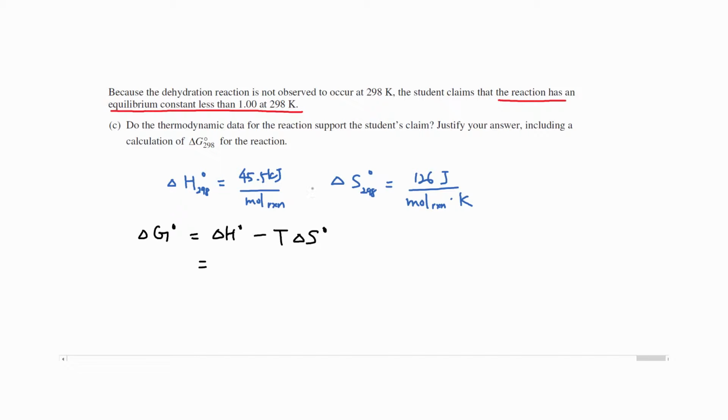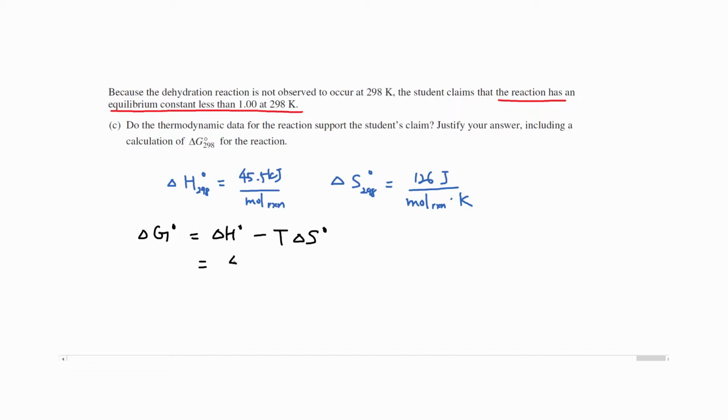I already wrote these values to save our time. 45.5 kilojoule, and that's for delta H. However, on the delta S, you're going to notice that we have joule. So in other words, we cannot combine the kilojoule with joule. We have to convert the units. You can either convert the kilojoule to joule or joule to kilojoule.